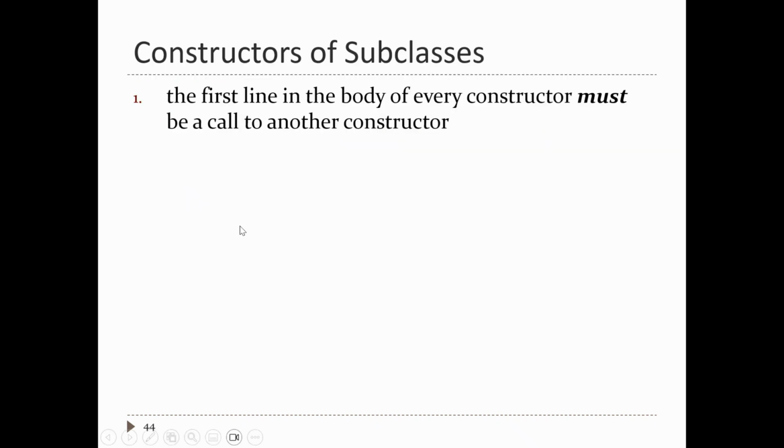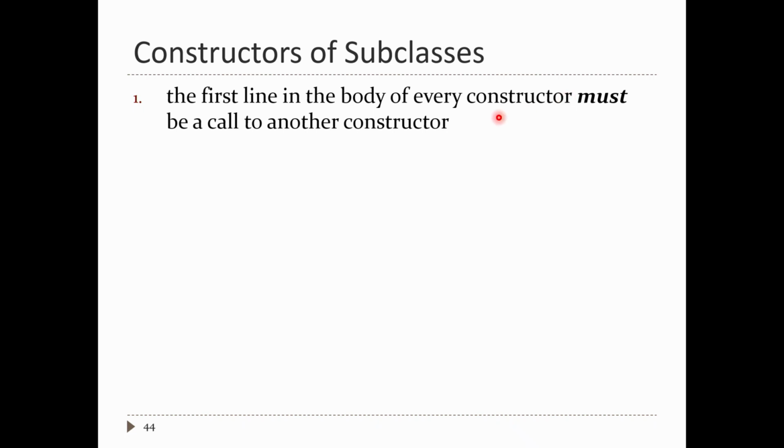All right, so there are some rules that you need to know when you implement a constructor of a subclass. The way that you implement this is particular to Java, but most object-oriented programming languages have a similar set of rules. Okay, rule number 1: when you implement a constructor in a subclass, the first line in the body of every constructor must be a call to another constructor.